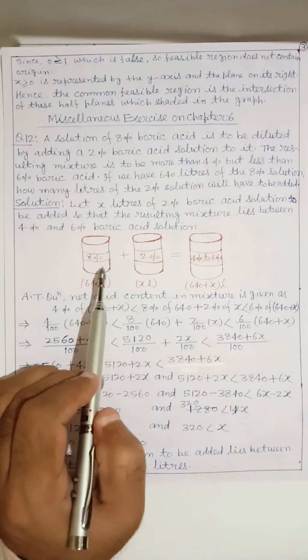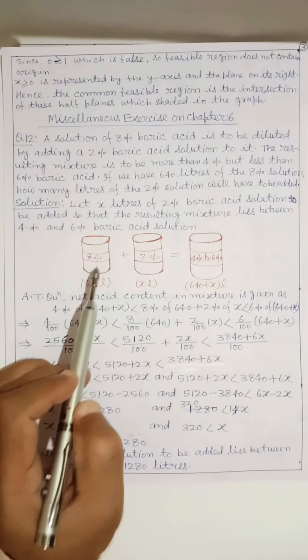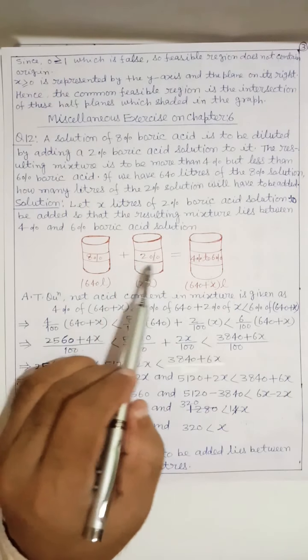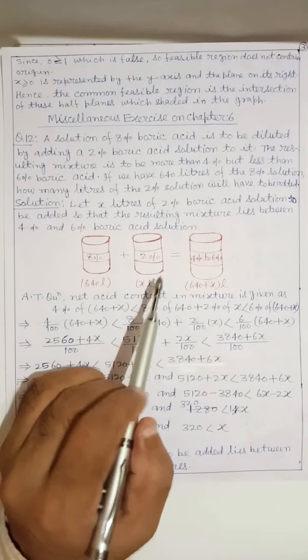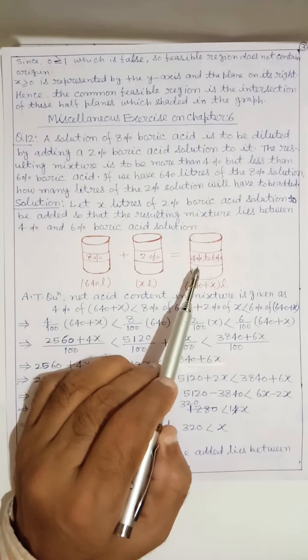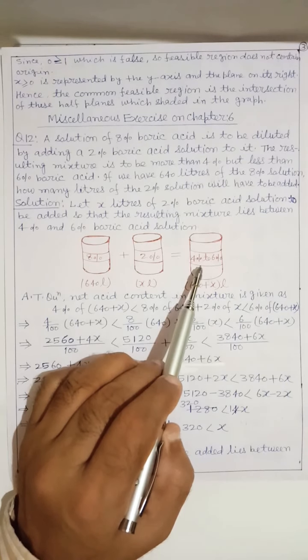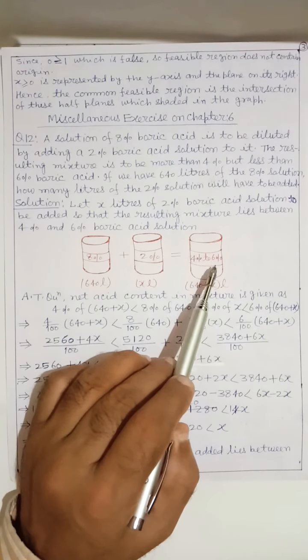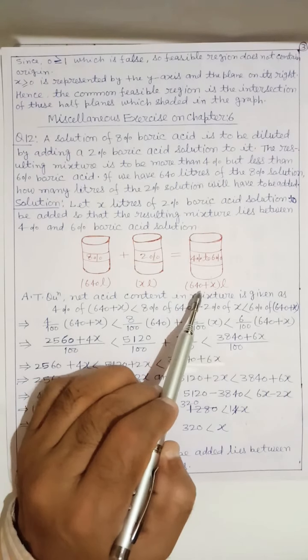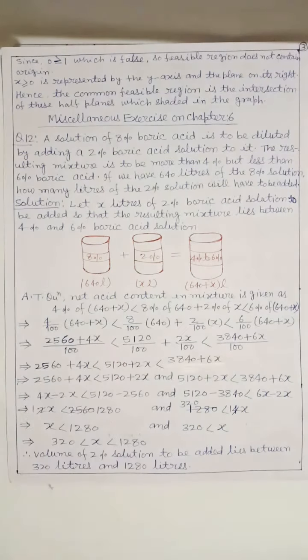From the figures we can see 8% of 640 liters plus 2% of x liters equal to more than 4% but less than 6% of (640 plus x) liters.